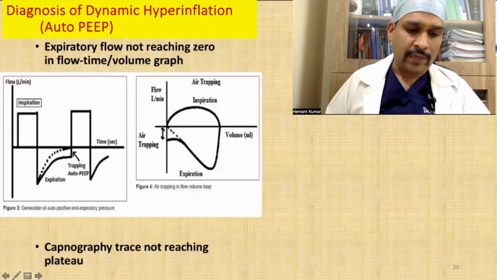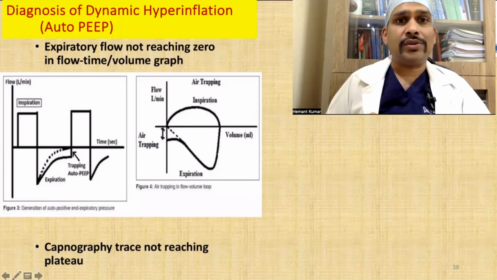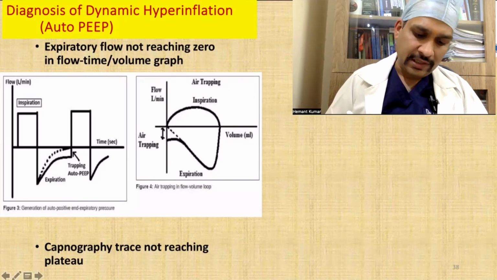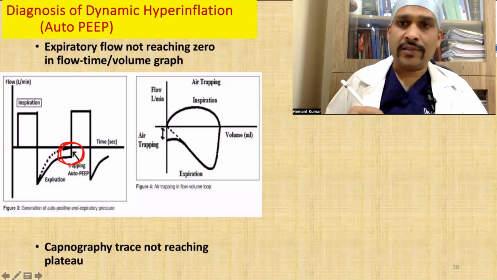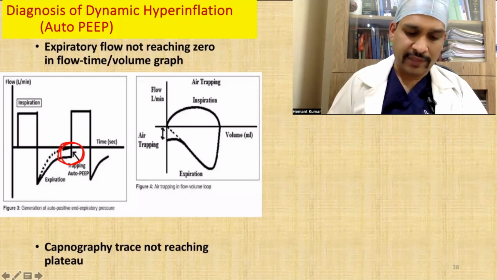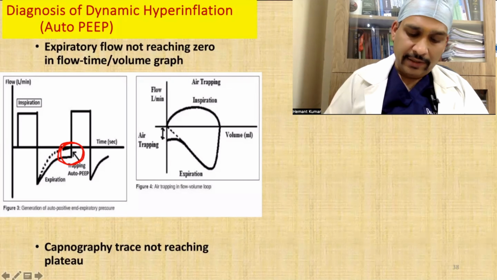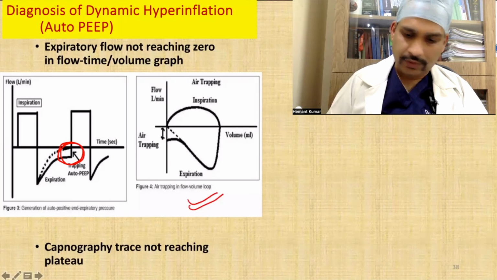and hemodynamic instability. So how to diagnose dynamic hyperinflation or auto-PEEP? By seeing this graph, can you see this? This is not touching the baseline. This is the time flow time graph, and this is the flow volume loop.